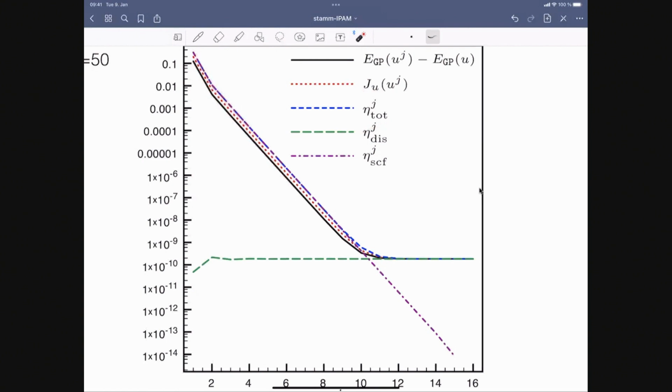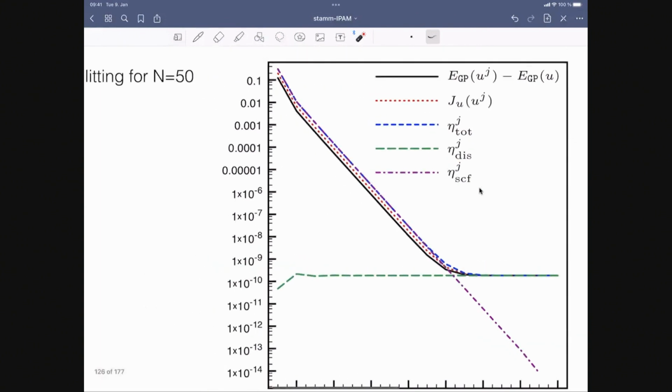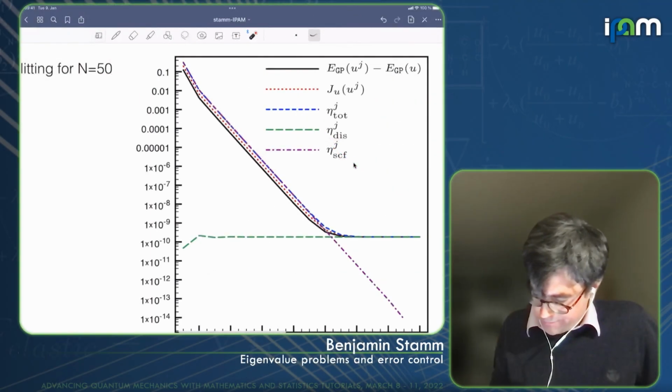And it can be written as the sum of the discretization plus the SCF. And you see in the beginning, let's say at 4 SCF iterations, you have a discretization error that is constant here. Why? Because your approximation space is fixed at all iterations. But you have a dominating SCF error, given here by the magenta curve.